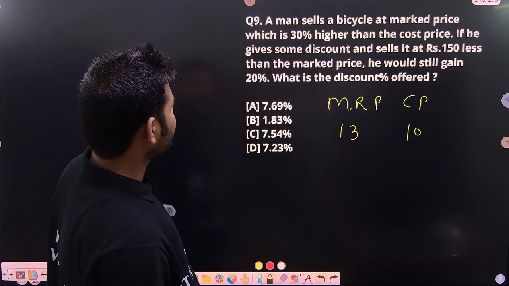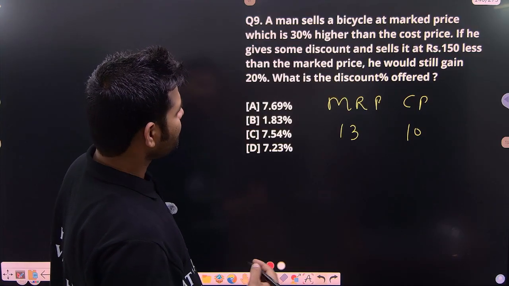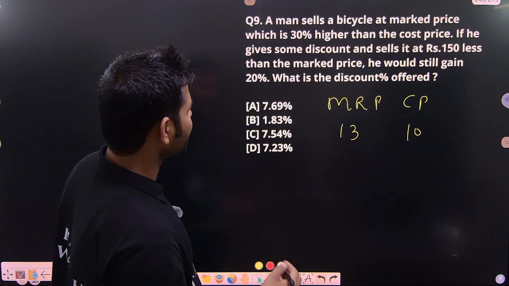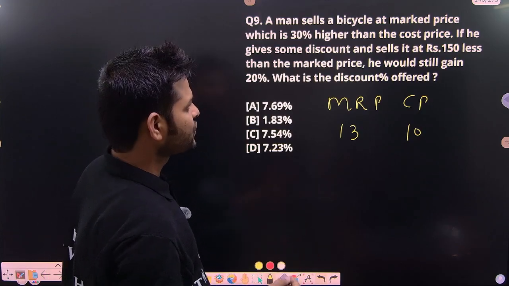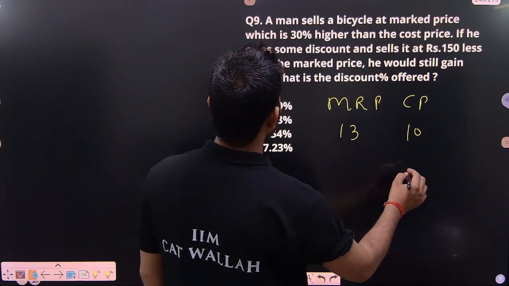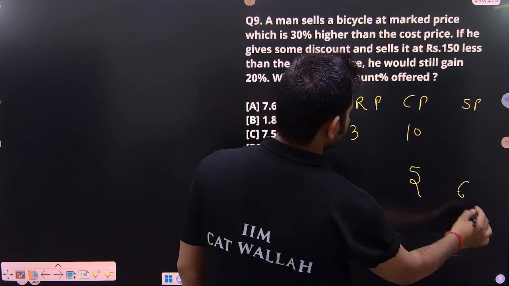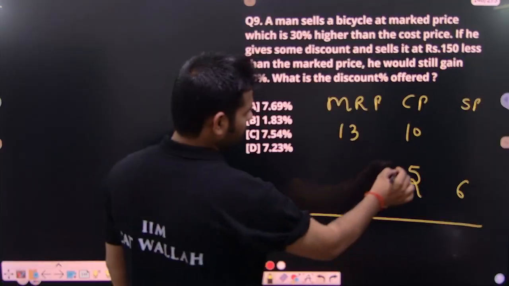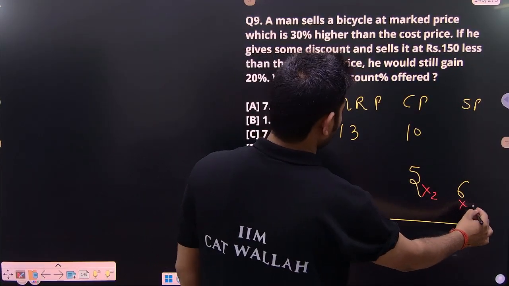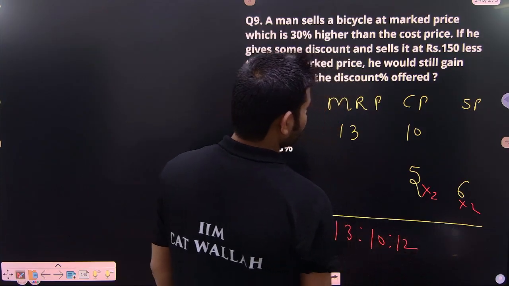If he gives some discount and sells it rupees 150 less than the mark price, he would still gain 20%. So 20% would be 1 by 5. That means if 5 is CP, SP would be 6. Here you will multiply by 2. So 13 is MRP, 10 is CP, 12 is SP.